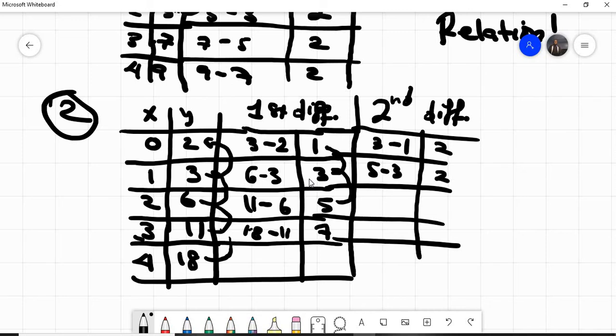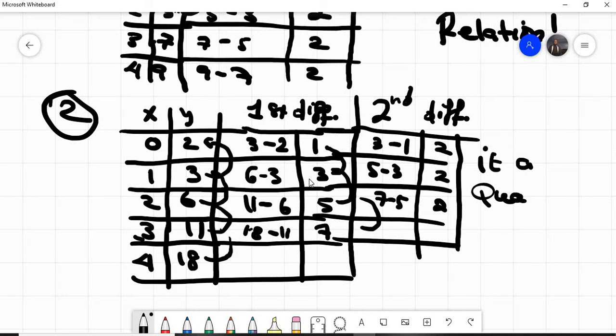And then 7 minus 5 is 2. So this relationship is quadratic. Yes, it is a quadratic function, or quadratic relation.